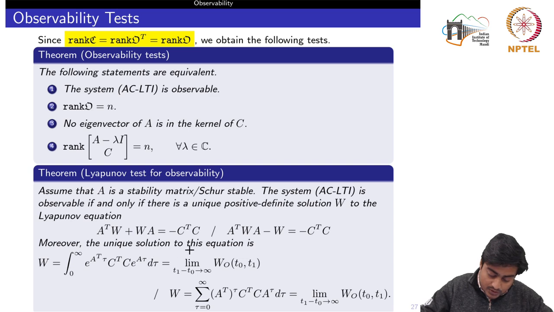Moreover, the unique solution to this equation is given by this. We saw the detailed proof of these results during the controllability week. So the duality between controllability and observability, particularly for LTI systems, remains the same, and the proof remains the same as what we had seen earlier.